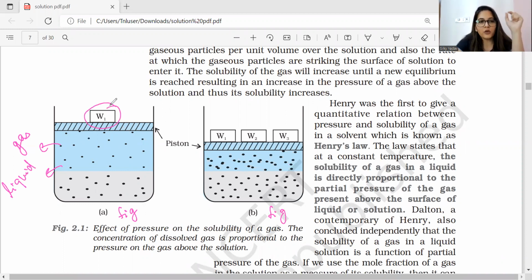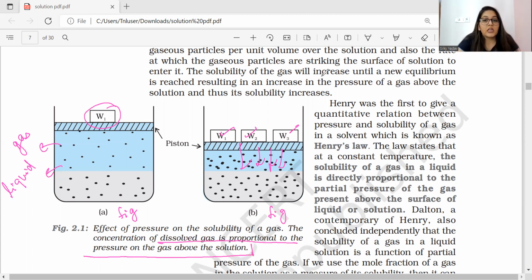So see, when you put only one weight over this, a little weight is there, and because of that, some particles are dissolved in the liquid as well. But if you're pressurizing it more, when you're putting more weight over this, more gas is getting dissolved in this, right? So the effect of pressure on the solubility of gas can be easily seen by this. The concentration of dissolved gas is proportional to the pressure of the gas.